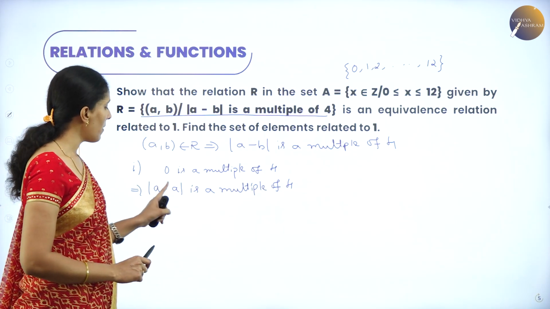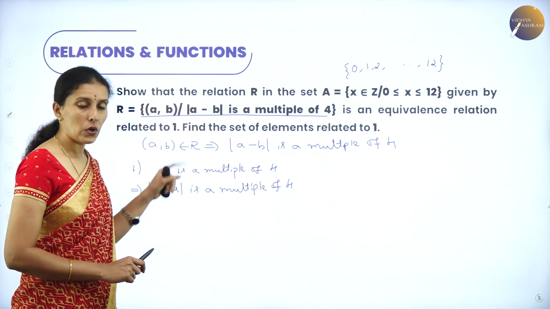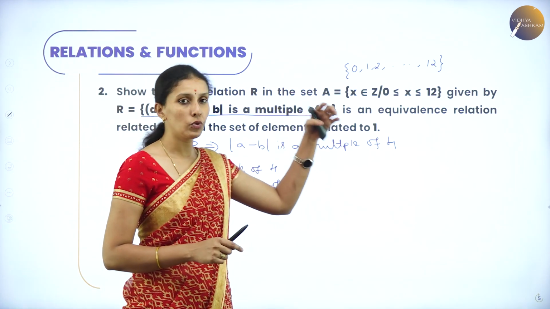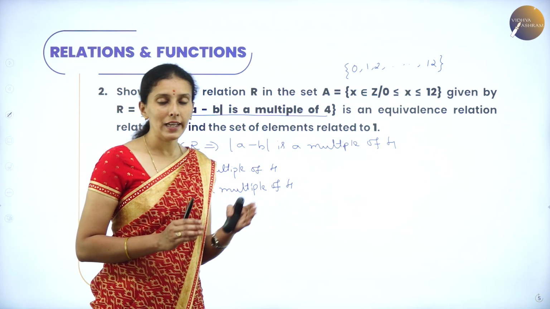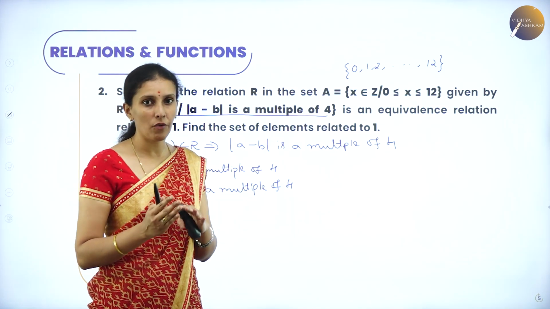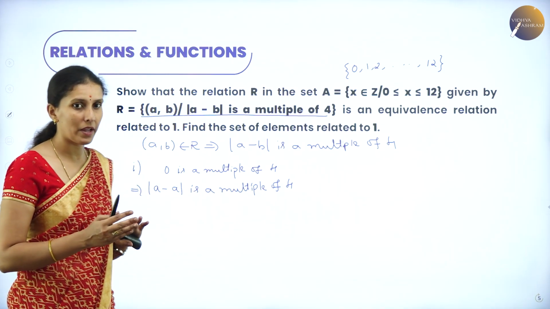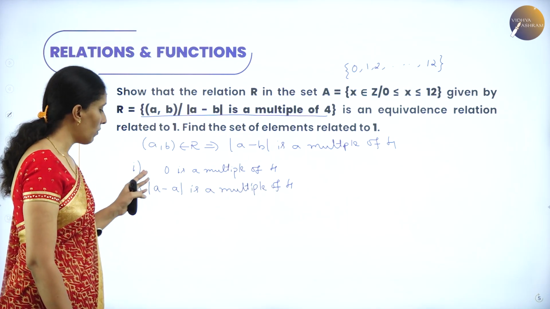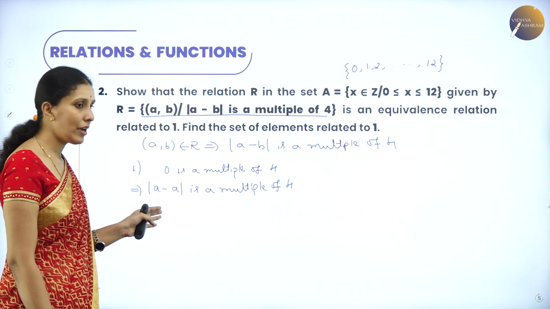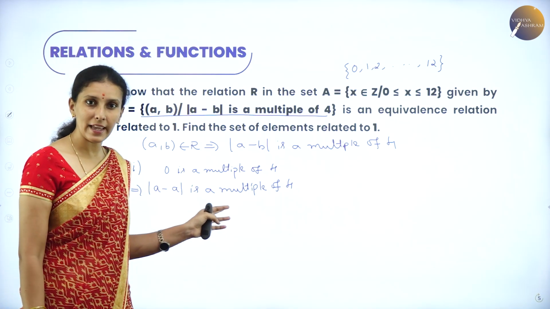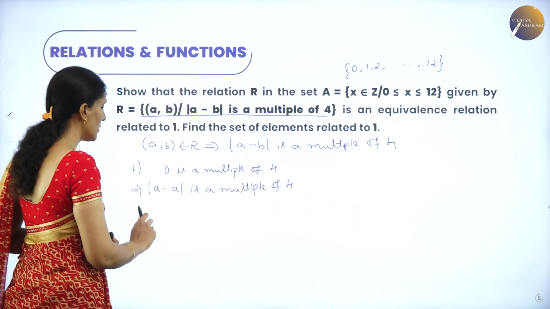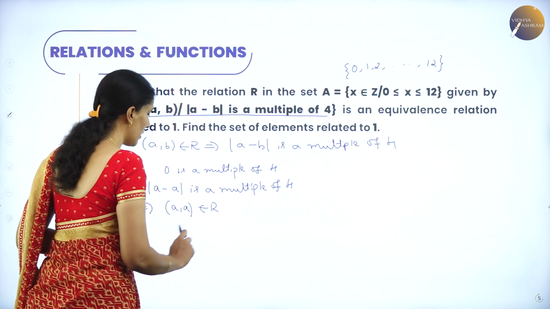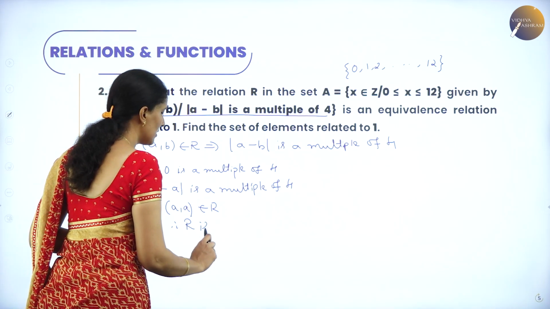That is 1 minus 1. Since it is 0, it is a multiple of 4. So for any elements like 2, 3 until 12, in the form of 3 minus 3, 4 minus 4, 6 minus 6, 7 minus 7, you will get 0, which is a multiple of 4. So what we can conclude: we have an element in the form of A minus A, which is a multiple of 4. So this implies A comma A belongs to R. Therefore, R is reflexive.